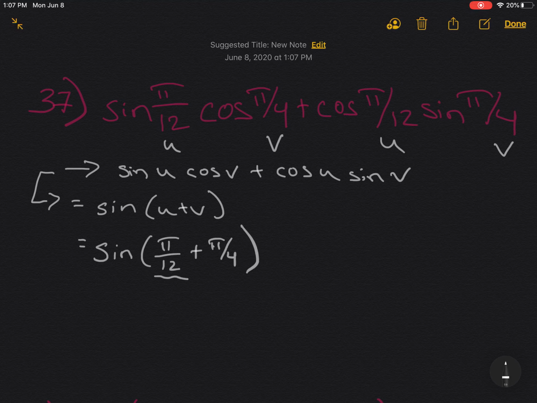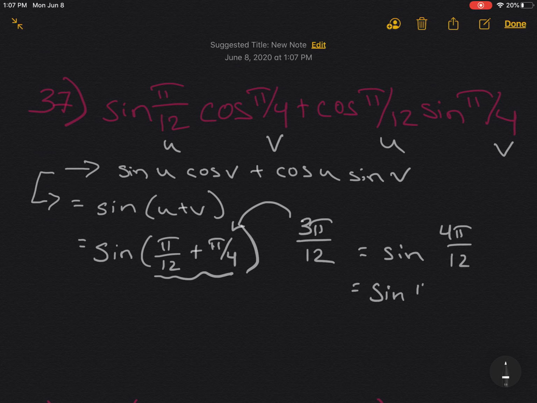Now, obviously, we have to find a common denominator here, so this guy right here is going to turn into 3 pi over 12. And then adding that to pi over 12 is going to be sine of 4 pi over 12, and that will reduce to sine of pi over 3.